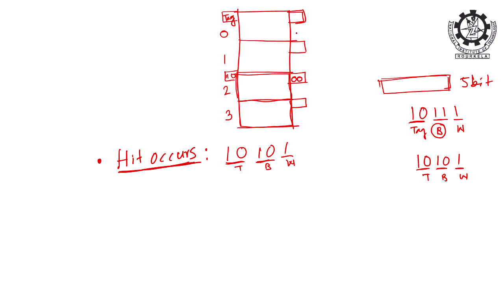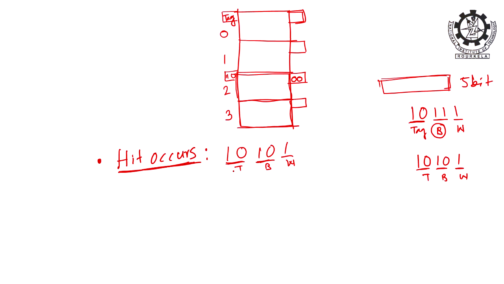And each block's counter will change if the counter value is lesser than the old counter value of the referred page. That means, let us say the old counter value of the referred page was 1 0. Whenever a block comes to the cache memory, its counter will be set to 0.